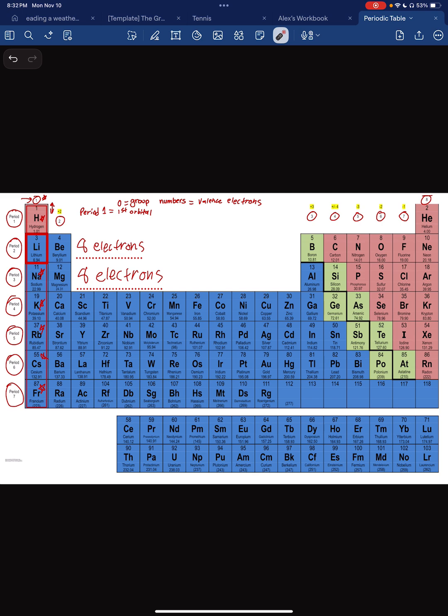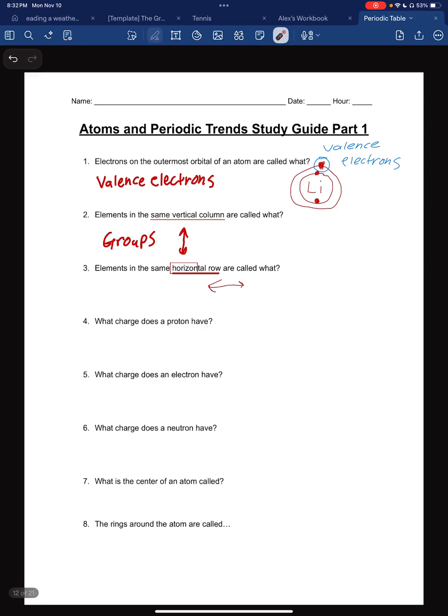But for our sake, we're just going to focus on the first 3 periods. Maybe we might dip our toes in for potassium and calcium only, but that would be the most. So let's go back here. Our horizontal rows are called periods. These horizontal rows are periods, going from left to right across the periodic table.